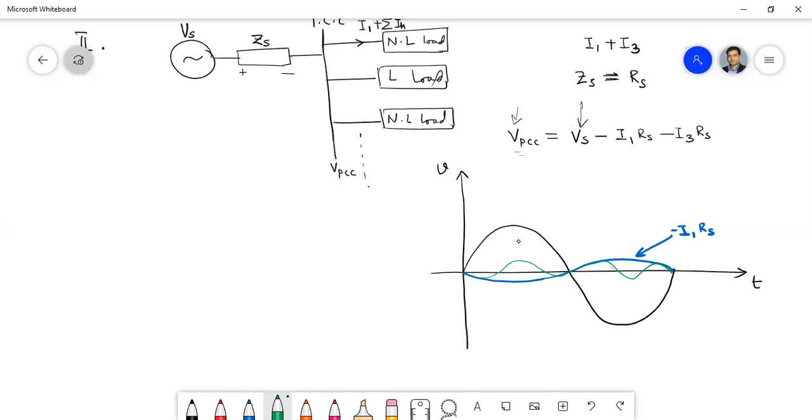Now if I add these three, this is your Vs, this is your minus I3 RS. If we now add these, what will be the resultant voltage waveform? Can you predict that?